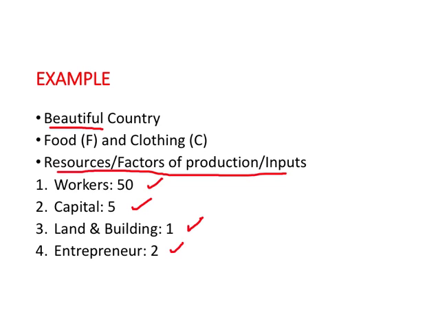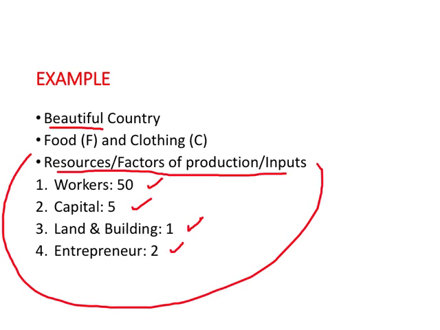Using these resources, the firm can produce 2 goods, one called food, the other one called clothing, and we'll abbreviate food with the letter F and clothing with the letter C. And given this fixed supply of resources and the technology available to the country, what this country can do is produce a maximum of 5,000 units of food or clothing or any combination of food and clothing.